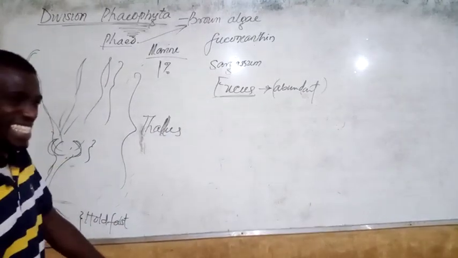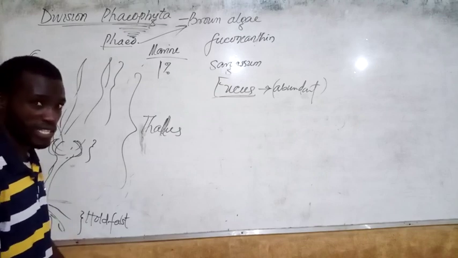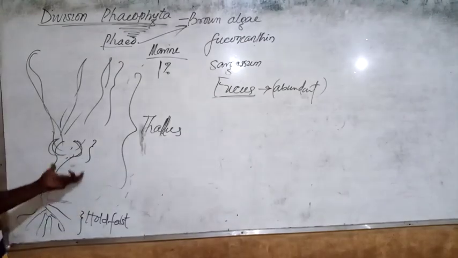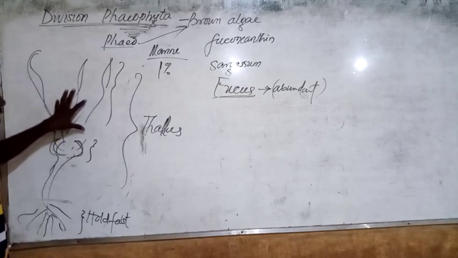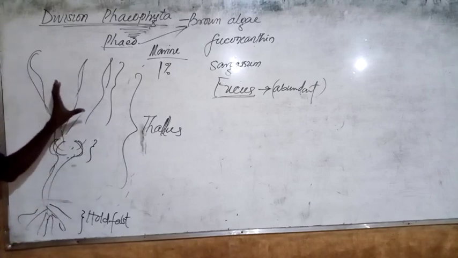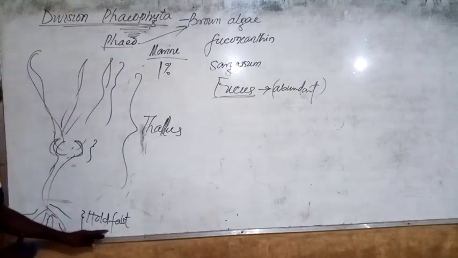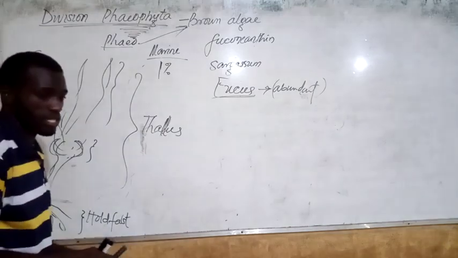It only attaches itself to the top layer of the surface, so as to balance the entire thallus, so as to carry it, make it stand on something. All right, that is the function of the holdfast, not necessarily to burrow into the ground.